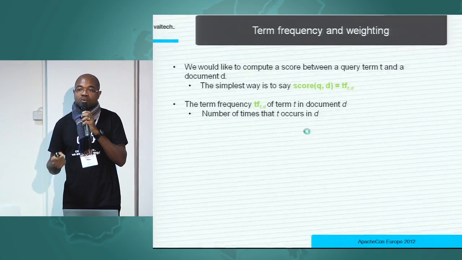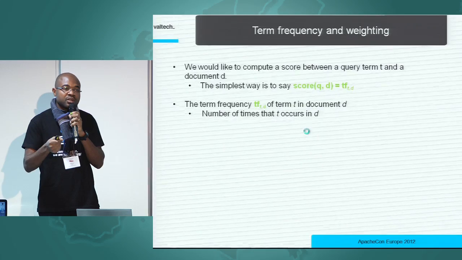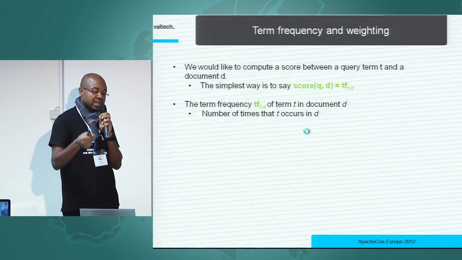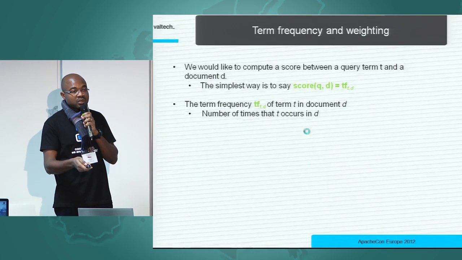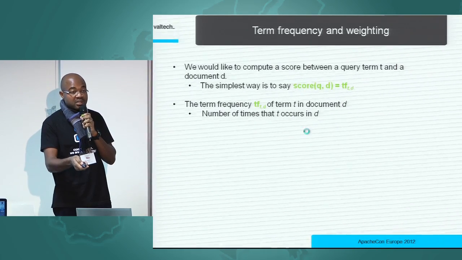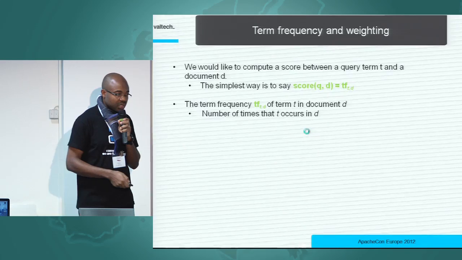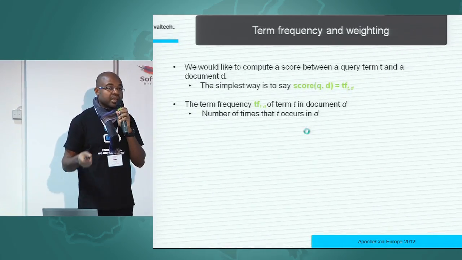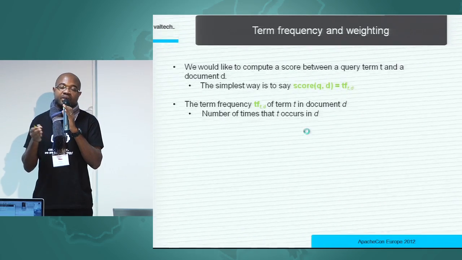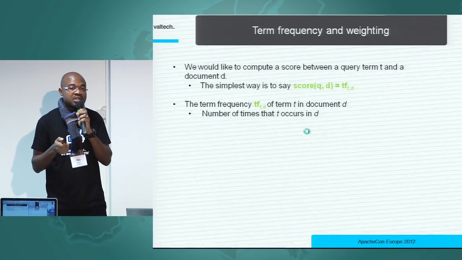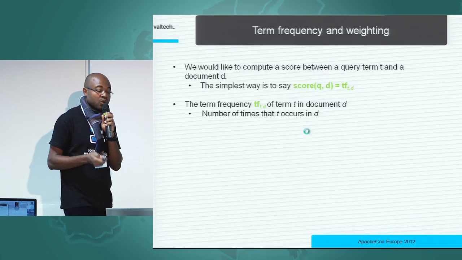We want to value documents containing the term multiple times. So the simple way is to say the score of the document with respect to the query is the term frequency. But this would imply that a document containing a term 10 times is 10 times more relevant than a document containing it just once, and that is not correct.